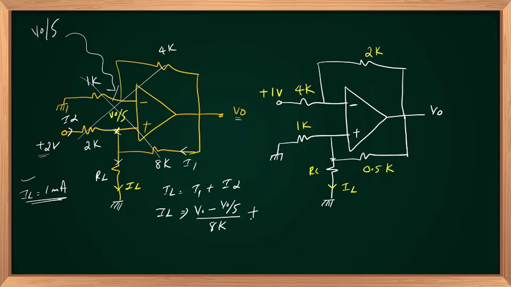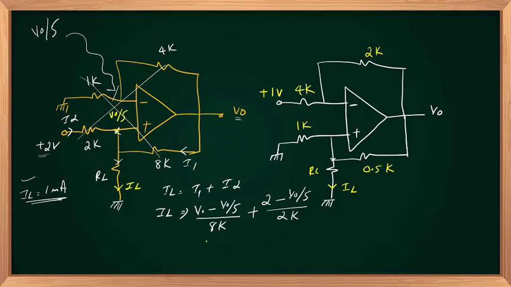I2 is nothing but 2 volts minus V out upon 5 divided by 2K. Evaluating the value of IL.